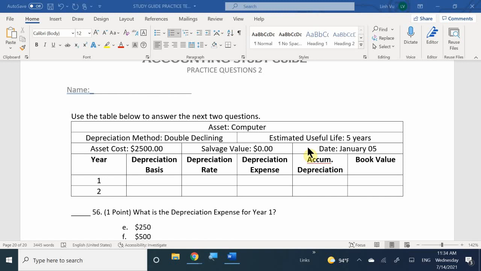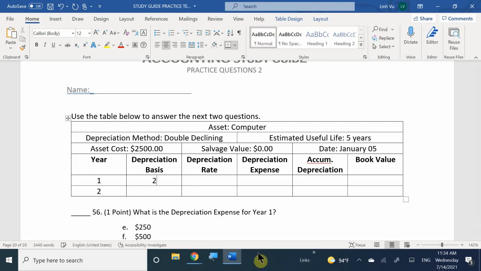Okay. So in this case, what's going to be my depreciation basis for year 1? Depreciation basis is the beginning of the year's book value. 2,500.